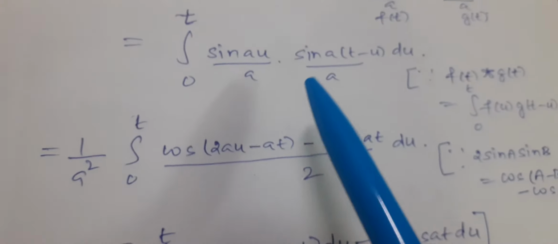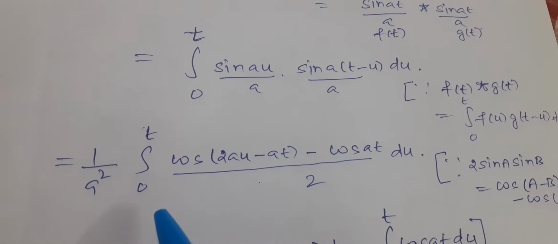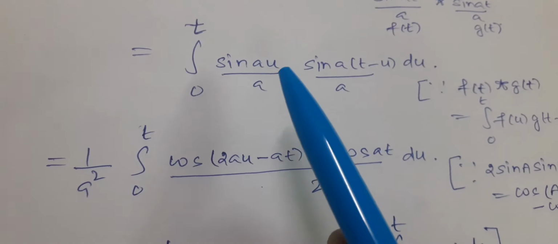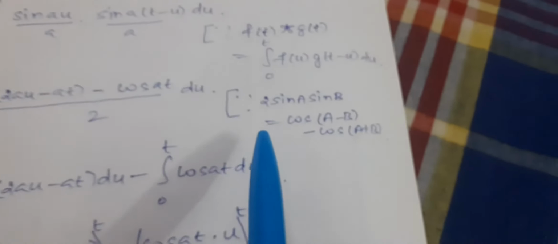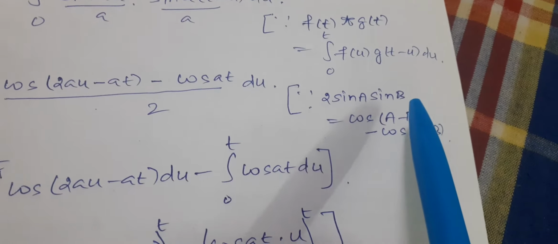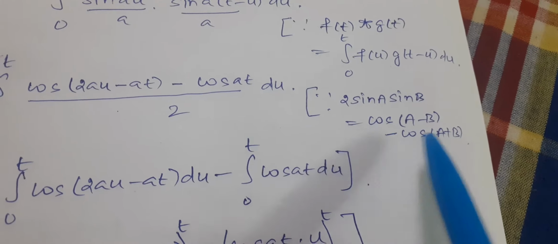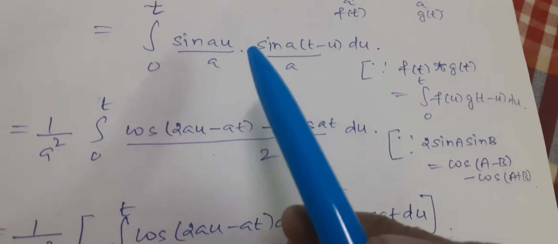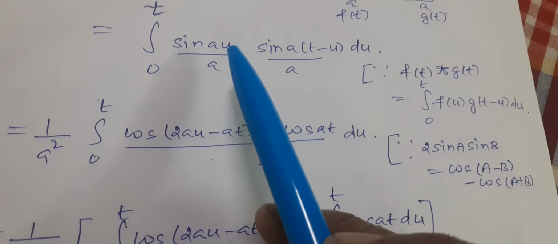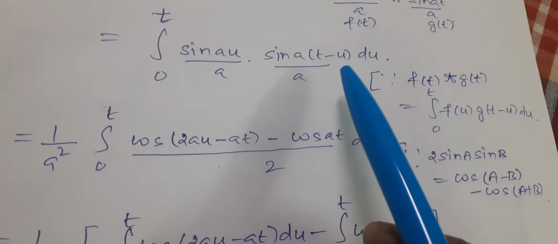Now this a into a, 1 by a square, integral 0 to t, here I have to integrate sin a sin b. We know the formula: 2 sin a sin b is cos of a minus b minus cos of a plus b. Here A is au, B is a of t minus u.